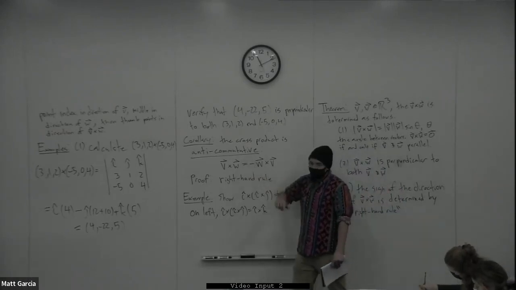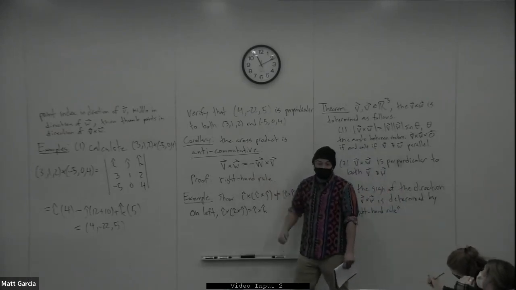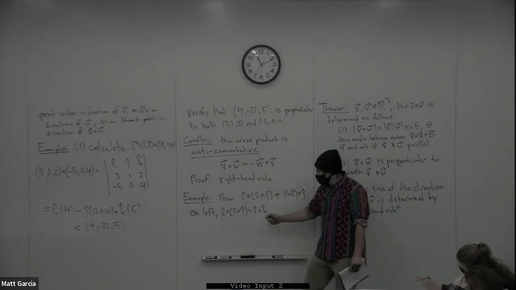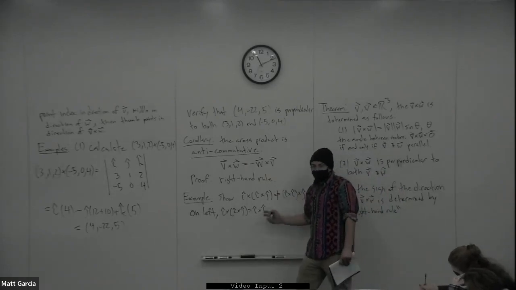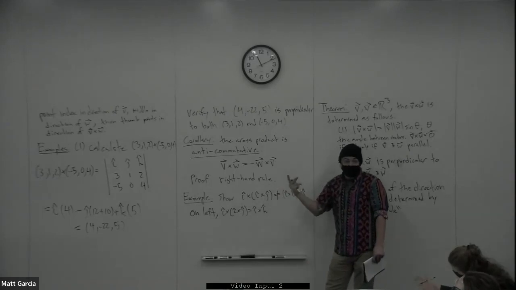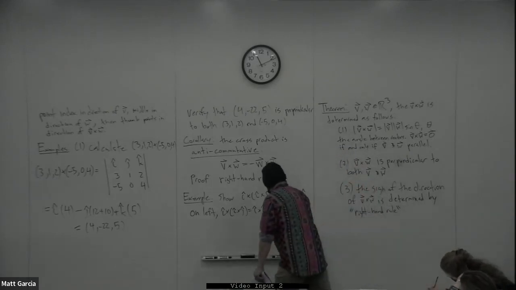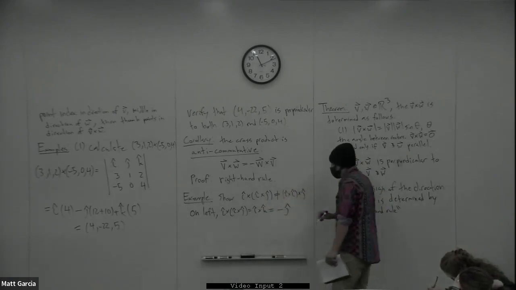Now knowing that we're anti-commutative, I switch the order of those. So what does that give me here? Negative j hat, right? Because k hat cross i hat is j hat. So when I switch the order, I get a negative sign. So this is equal to negative j hat.